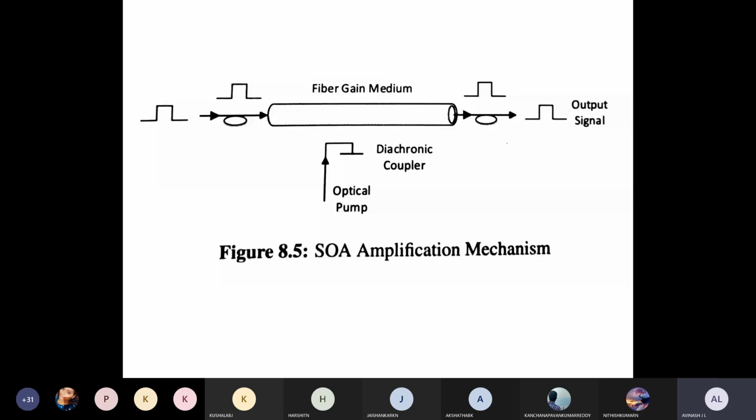But this particular diagram is a very planar diagram, so we are not going to see the inner parts of the fiber gain medium in detail, where the gain is being taken. It is just an overview diagram, and the other diagram is the inner one. Inside this, how exactly things are working has been explained. So this is how the amplification mechanism of SOA is going to work.